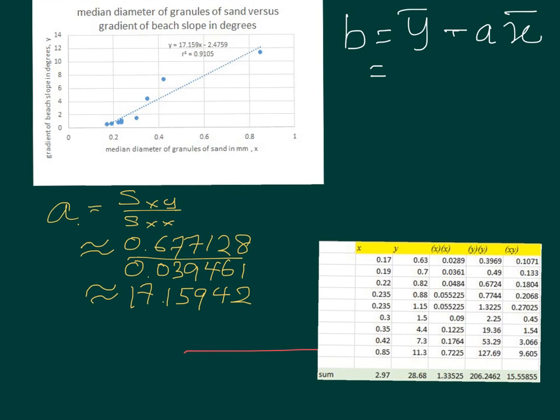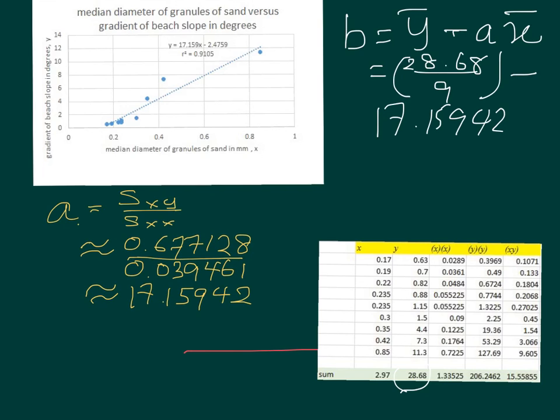In order to find the value b, now we have to use this formula here, y bar minus a times x bar. Y bar is basically this value, 28.68 divided by 9, minus a, which is 17.15942, multiplied by this number, 2.97 divided by 9.